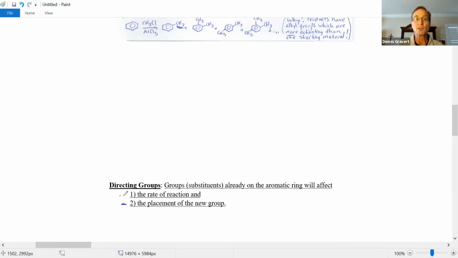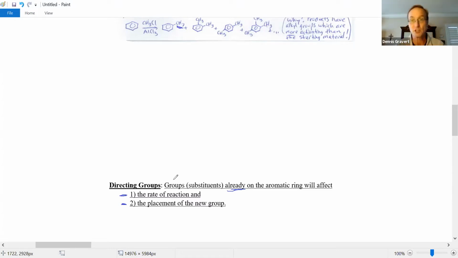They also influence how fast the benzene ring will react. These directing groups affect the rate of reaction, how fast it goes, and where the new group goes. One of the things you need to know about rates of reaction is that it's going to determine our major products. I'll show you that in a minute.